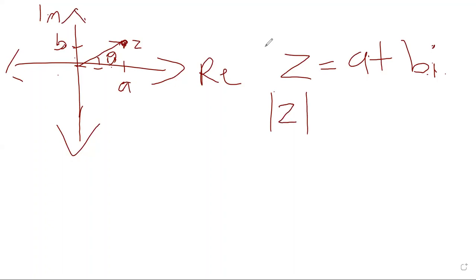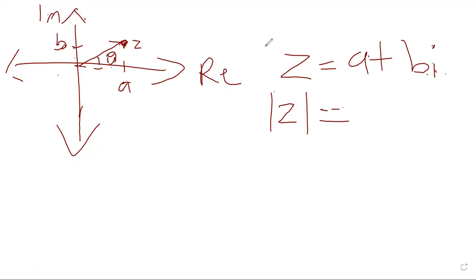In the real number system, we call it the absolute value. It's the same as the modulus. But in the complex number system, we call it the modulus of a complex number, which is just the length of the complex number.